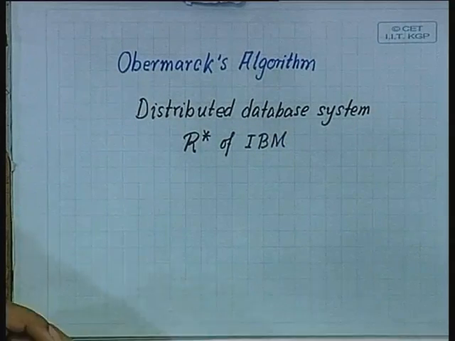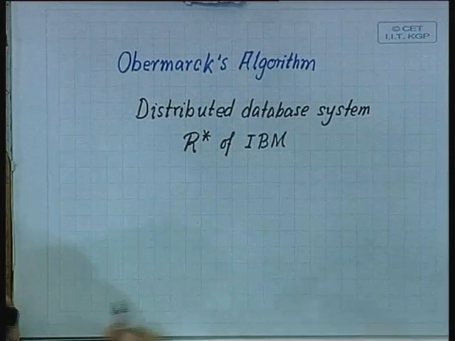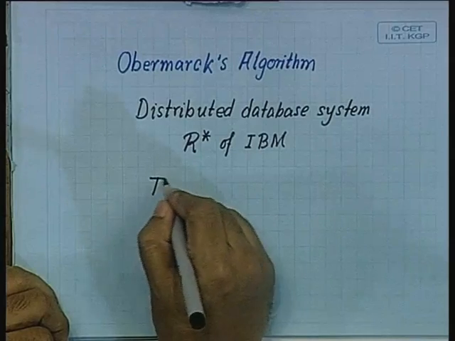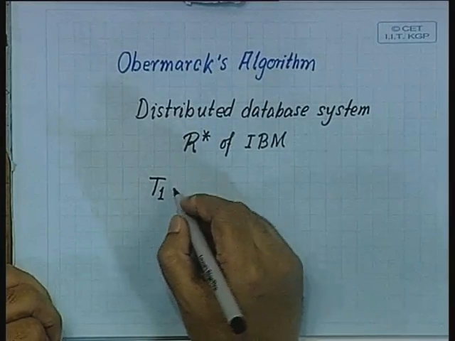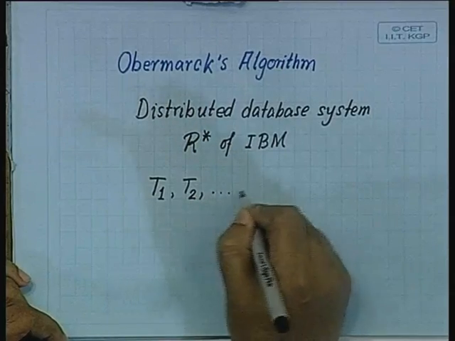Okay. So, here basically we will refer to processes as transactions. Okay. So, we will refer to processes as transactions T1, T2 to Tn.